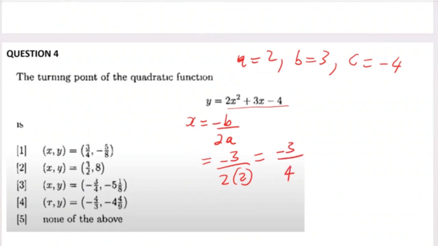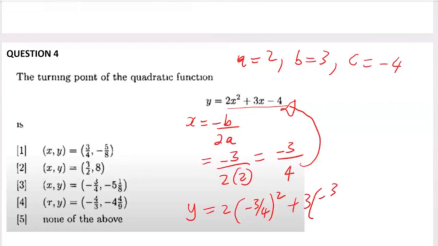This is only the x coordinate of your turning point. To find the y coordinate, you need to take this value and substitute it into your original equation. So y is equal to 2 into negative 3 over 4 all squared plus 3 into negative 3 over 4 minus 4.